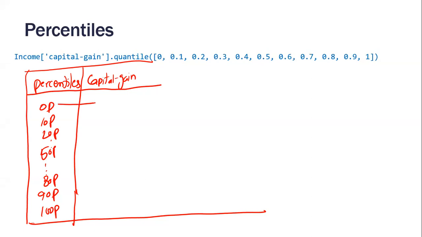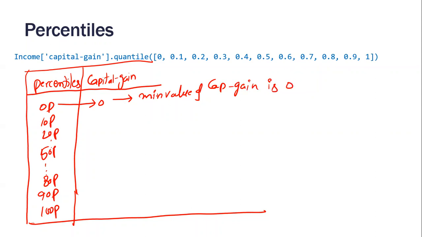Now, the 0 percentile value is 0. Somebody has a question, go ahead. The 0 percentile value is 0, which means the minimum value of capital gain is 0.